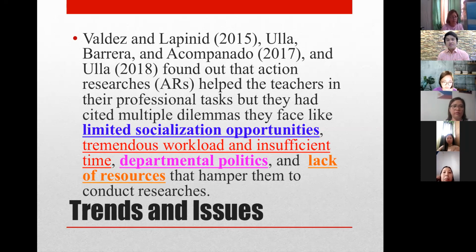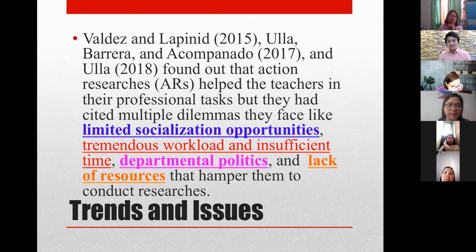We are facing multiple problems like limited socialization opportunities, no? Tremendous workload and insufficient time. Yung binanggit ko kanina, na time is one of the problems.